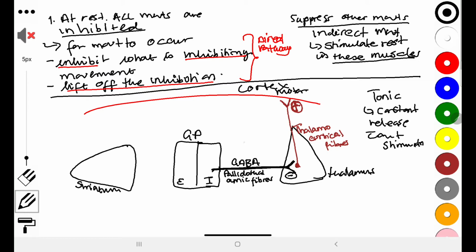Alright, so this guy is our goal. This is the guy that we want to inhibit. The system is made in such a way that this can actually happen.